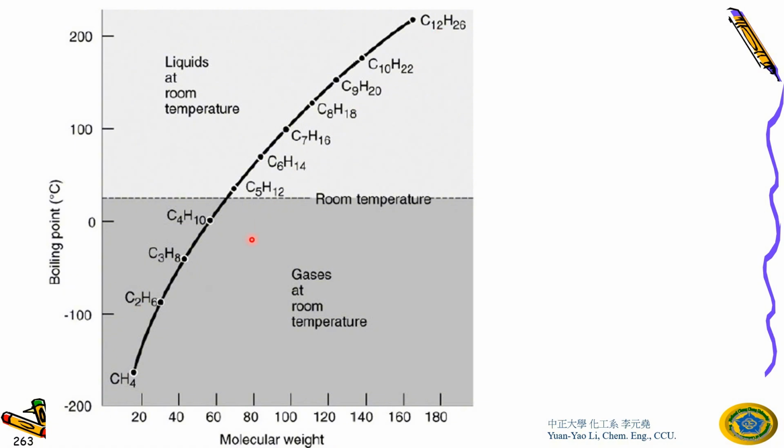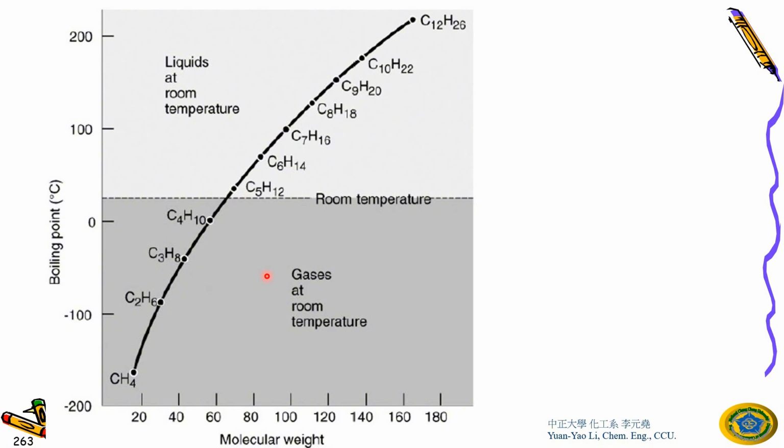But when we talk about room temperature, below this line, this is gas at room temperature. This is liquid at room temperature. And we are not saying that if you have more carbon, you will become liquid, or if you don't have enough carbon, you will become gas.